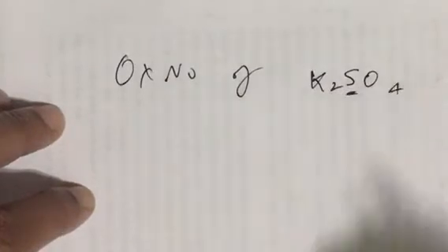Let us take a bit more complicated case. Let's take K2SO4. You want to find the oxidation number of sulfur. You know the sum of all oxidation numbers is 0. Therefore, we don't know it, so we say the sulfur oxidation number is X. There are 2 potassiums.